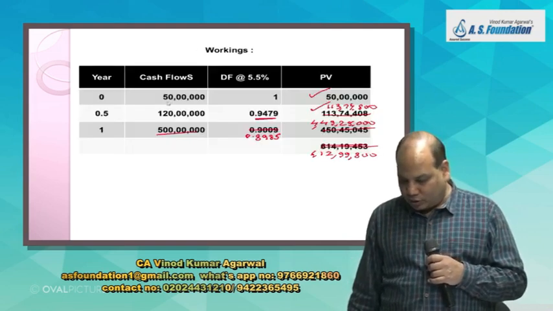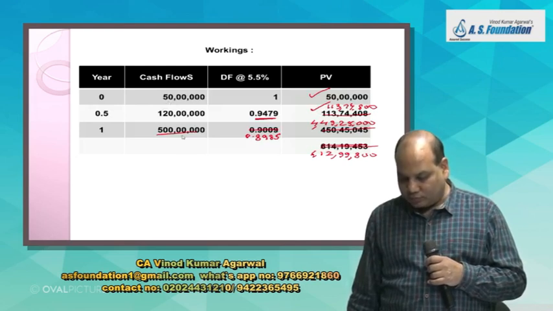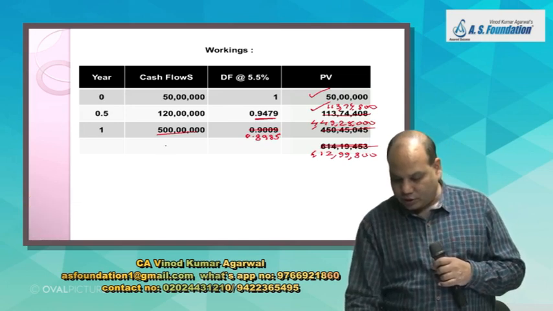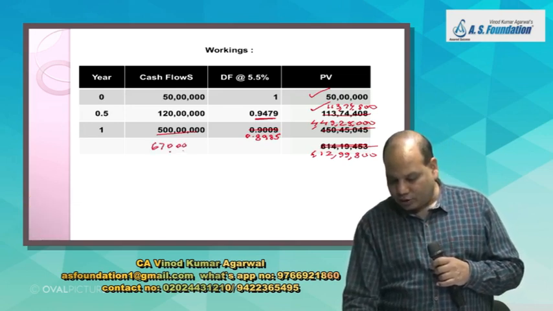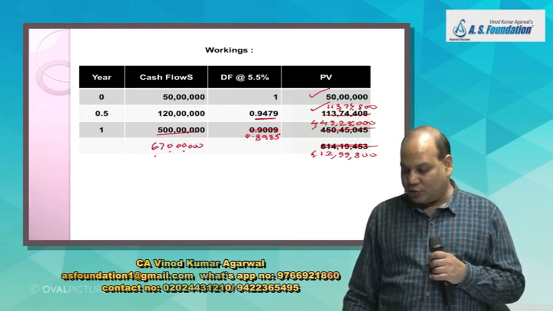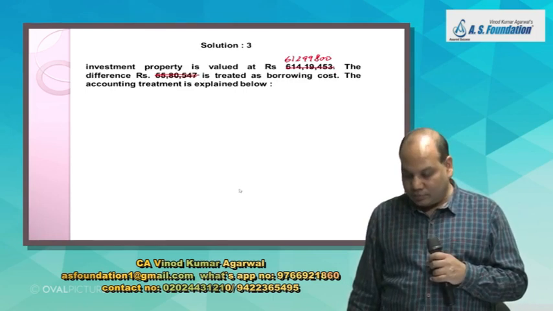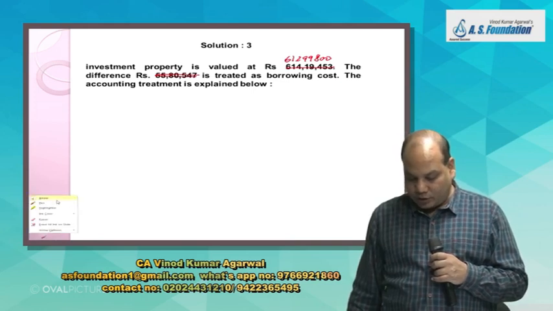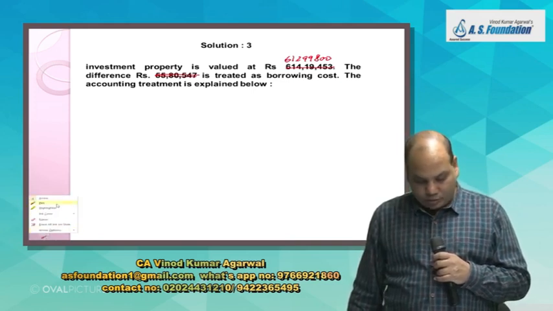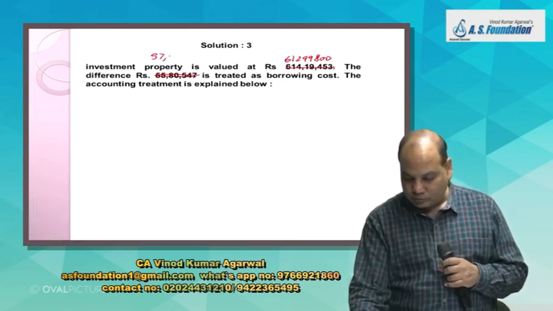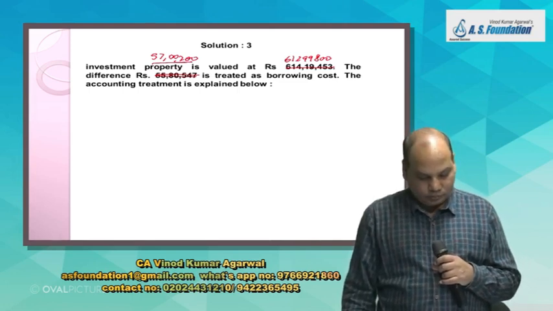Now what is the total of this column, cash flow column? 6 crore 70 lakh. So take on your calculator 6 crore 70 lakh minus 612,99800. 57 lakh 200. So the difference of 57 lakh 200 is treated as borrowing cost.